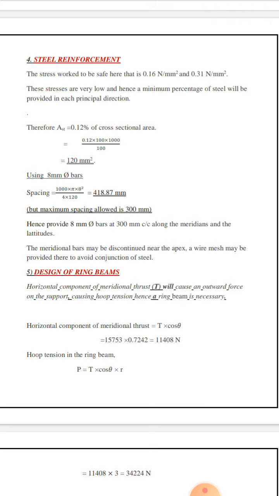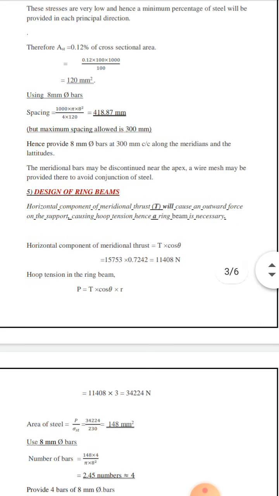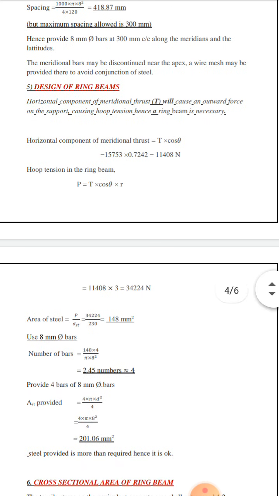The next step is design of ring beam. The horizontal component of meridional thrust will cause an outward force on the support, causing hoop tension. Hence a ring beam is necessary. The horizontal component of meridional thrust is T cos theta, where T is the tension. Hoop tension in the ring is P equals T cos theta into R, which is 34224 Newton.